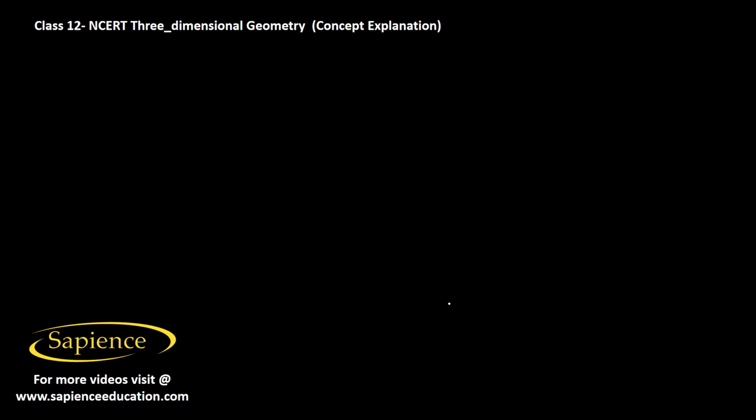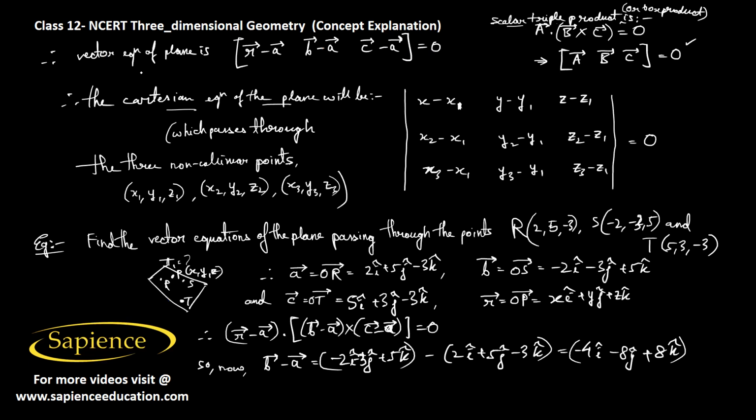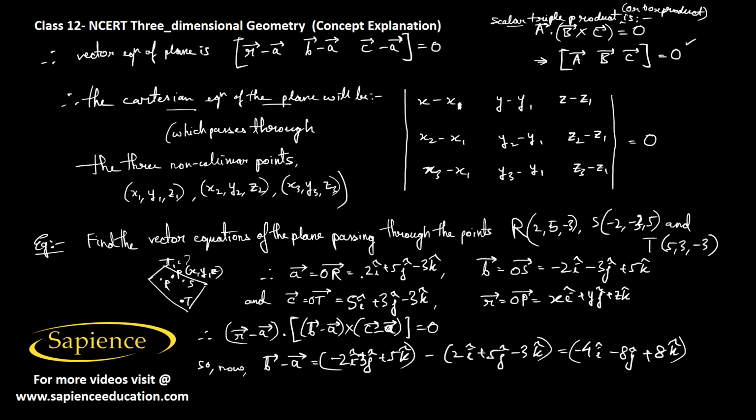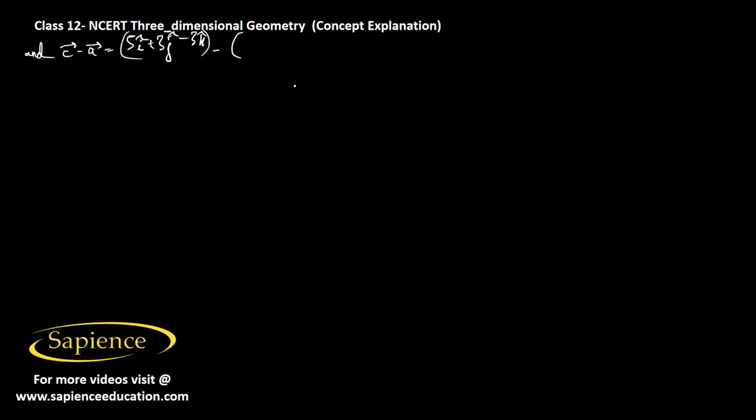And C vector minus A vector would be equal to C vector, which is 5i cap plus 3j cap minus 3k cap, minus A vector, which is 2, 5 and minus 3, so that is 2i cap plus 5j cap minus 3k cap.